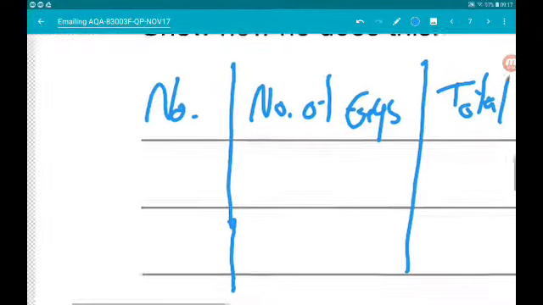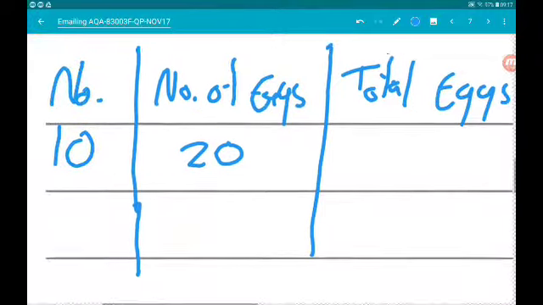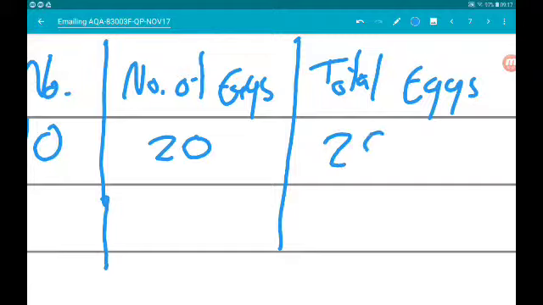Okay, so he wants 10 boxes of 20 eggs, altogether that's 200 eggs.